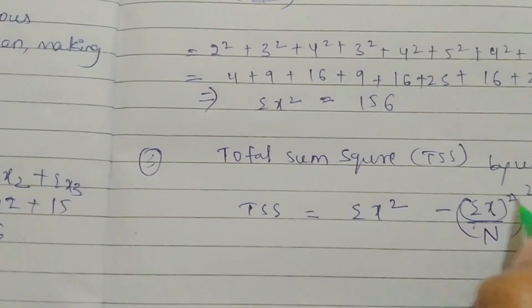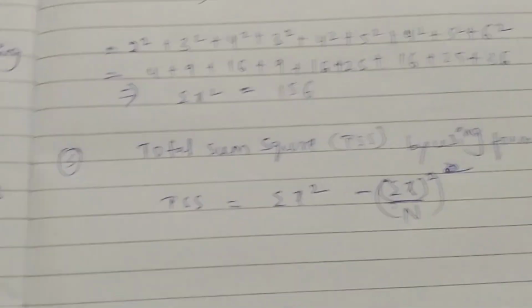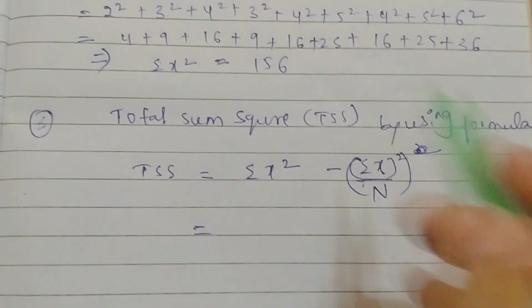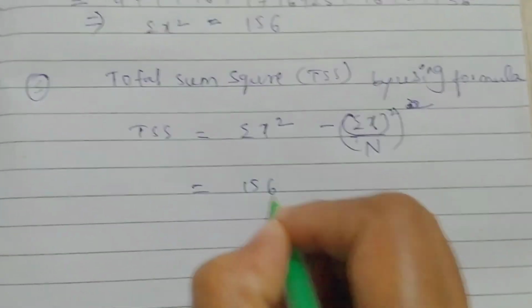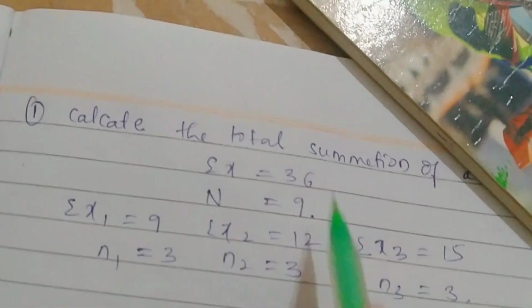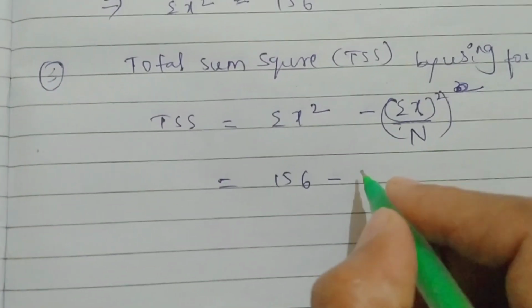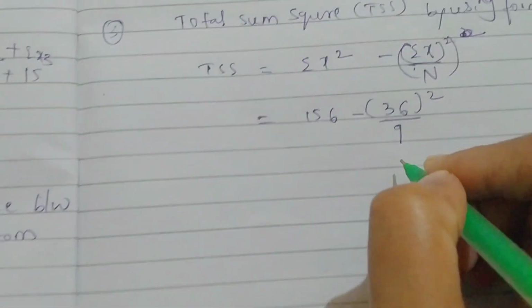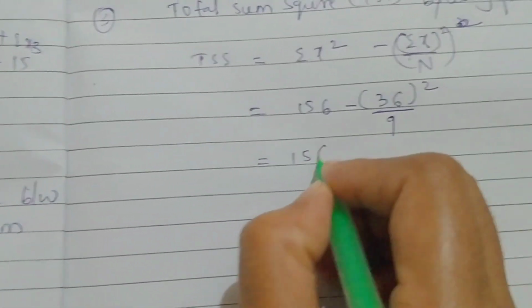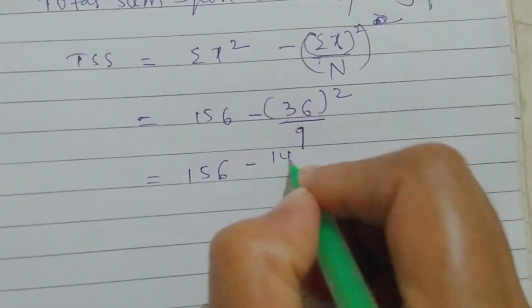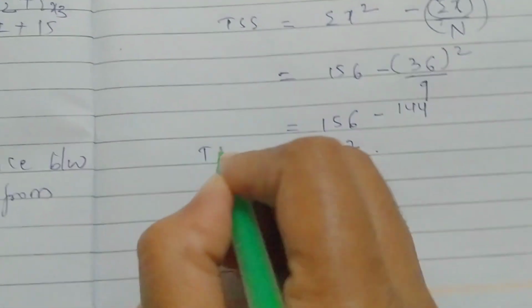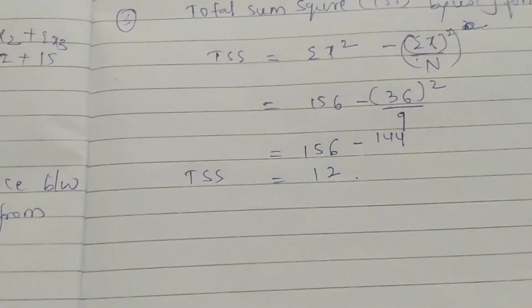Sorry, the square applies to the summation of x over N. So this is our formula. We'll put in the values. We know the summation of x square is 156, minus summation of x is 36, so 36 whole square divided by 9. After simplifying, we get 156 minus 144, which is equal to 12. So the total sum of squares is equal to 12.